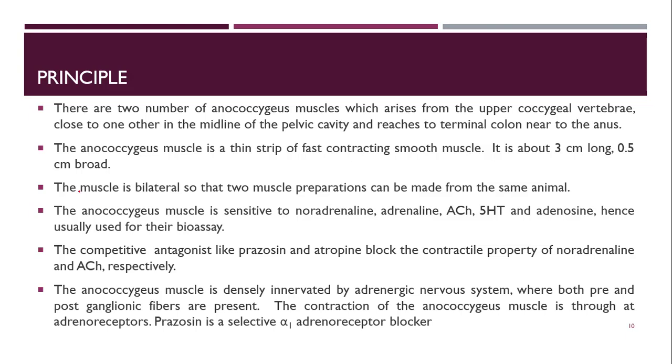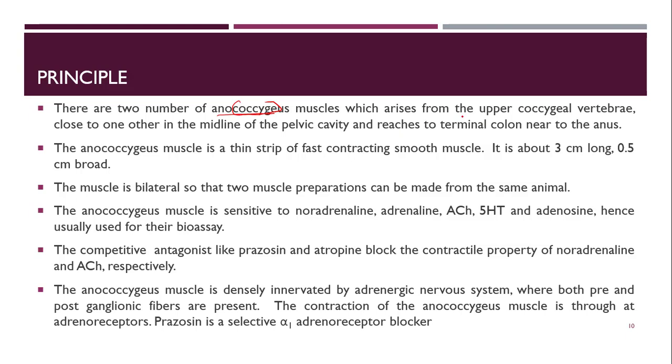Okay, so the principle of today's experiment: there are two anococcygeus muscles. If you see the name of this muscle, anococcygeus muscle, we are talking about the coccyx over here. So the location of this muscle must be near the coccyx.